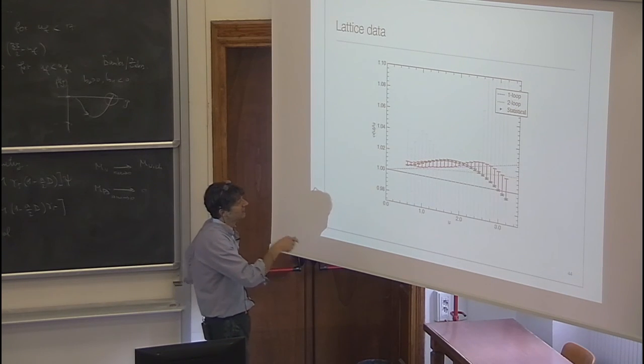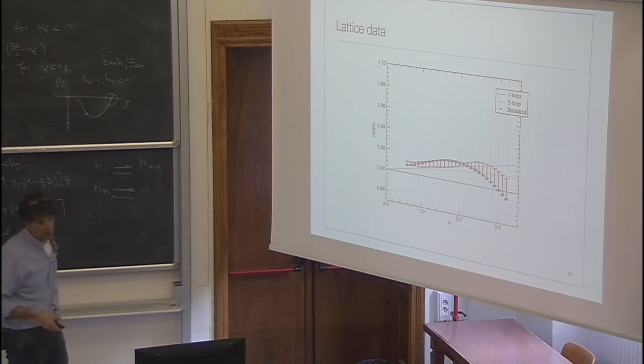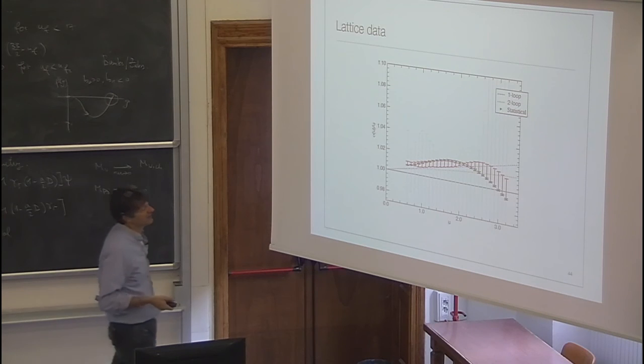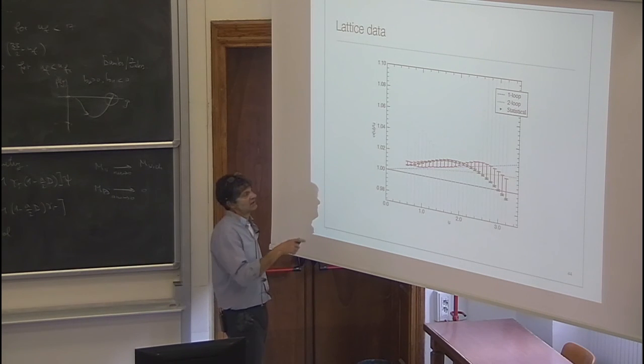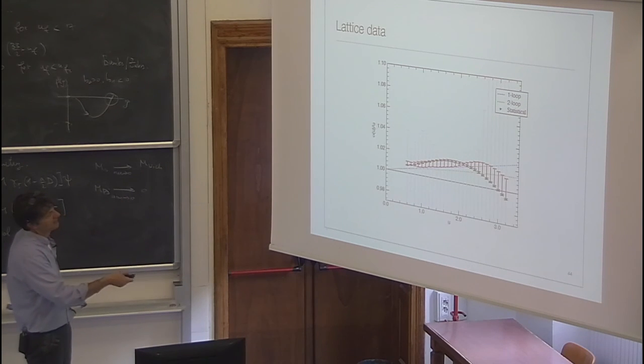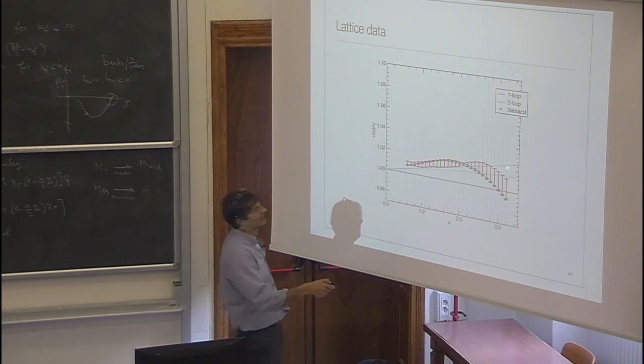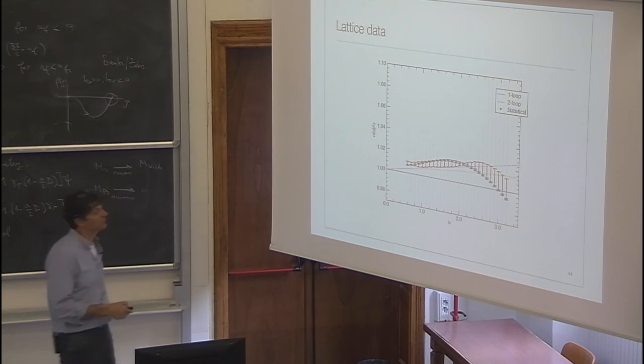For small values of the coupling, you can use the one-loop and the two-loop expressions of the beta function, and yesterday we saw the relation between the step scaling function and the beta function. So you can compute this ratio in perturbation theory, and these are the blue and the green line, respectively, at one loop and two loops.